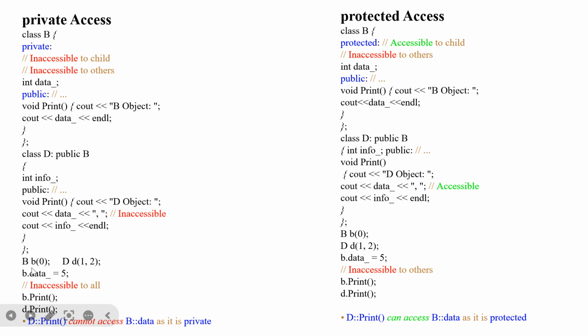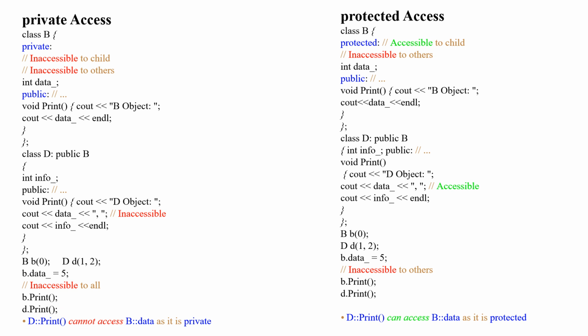Here we are creating two objects named small b and small d. So the d object belongs to the derived class capital D, and small b belongs to the base class B.